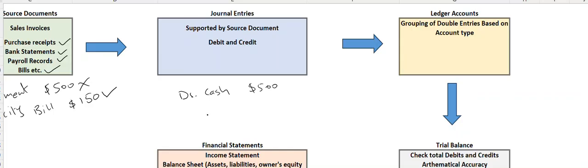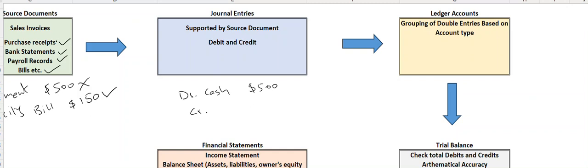So let's say you're making a sale of the car and you made the sale on cash. So you're debiting cash and crediting sales of 500. So what exactly happened here?